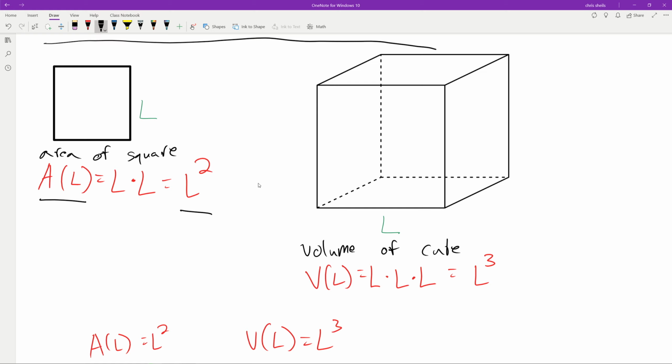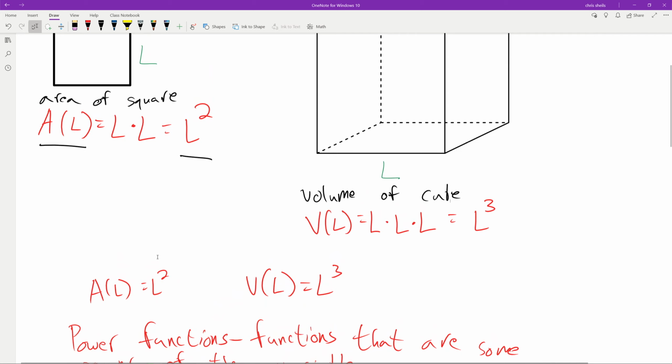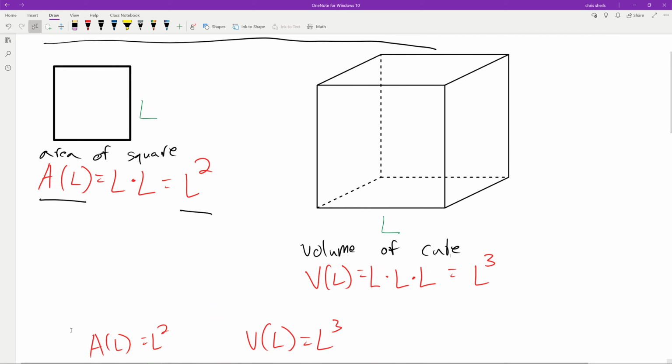Because in a cube, all of these side lengths are the same. So length times width times height becomes L times L times L, which is L cubed. So for the area of this square, I have A of L equals L squared. For the volume of this cube, I have V of L equals L cubed.